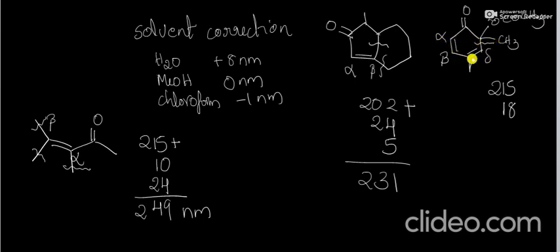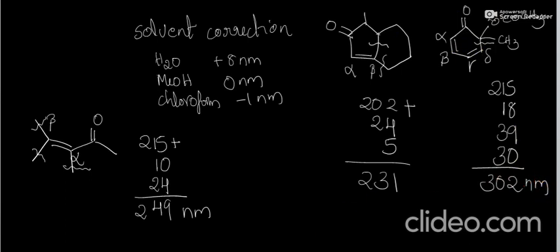Then this is homoannular diene component present in this compound. So plus 39 for homoannular diene component. Then this is extended conjugation. That is, this is additional double bond from alpha beta unsaturated carbonyl compound. So plus 30 for additional double bond. Then totally we get 302 nanometer.